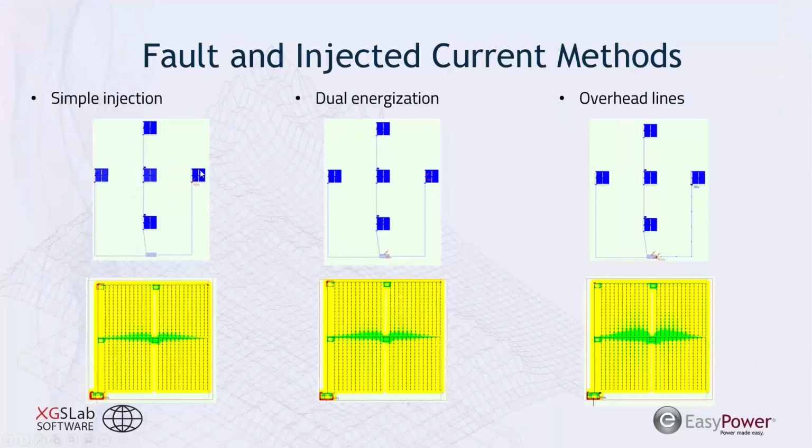And what we can see with this simple injection is the green areas representing where we've met touch voltage criteria, yellow areas where we're near our limits, and then some red areas where we're exceeding that touch voltage criteria. What we can do with the software is actually inject current at one point of our model and then do an inverse or dual energization back at wherever our source is located.